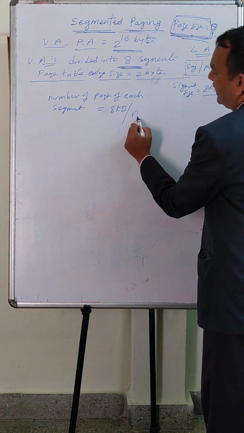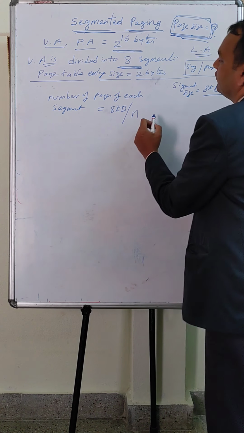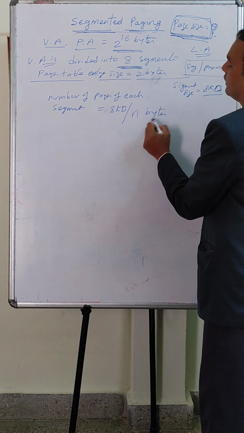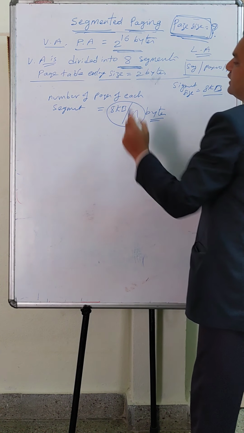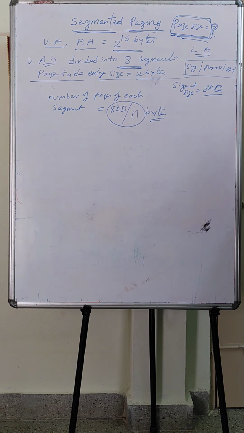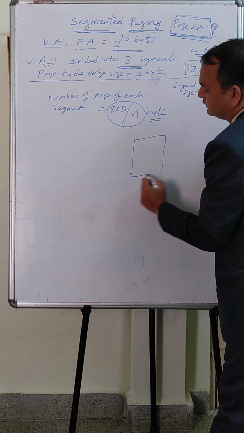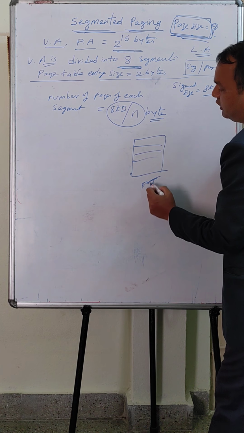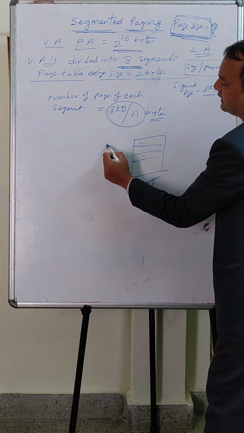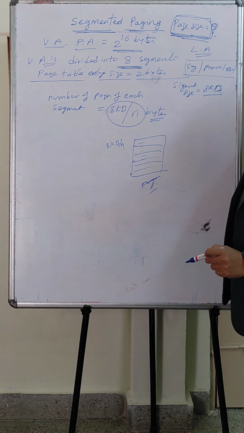If we divide by n, the page size we assume, our assumption is n bytes. So the number of pages of each segment is 8 KB by n bytes. Means in the page table, how many entries? 8 KB by n entries are there in the page table.